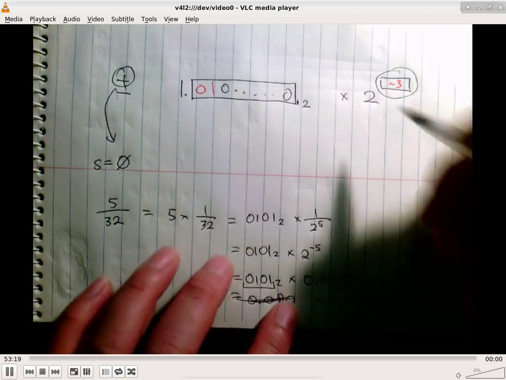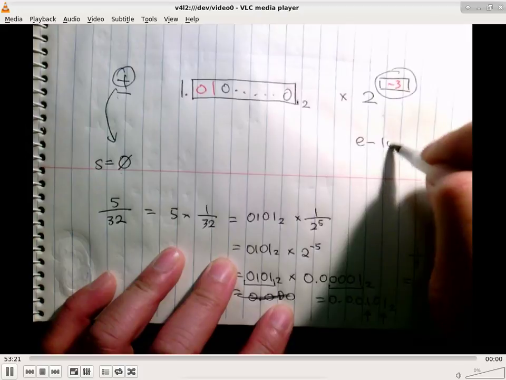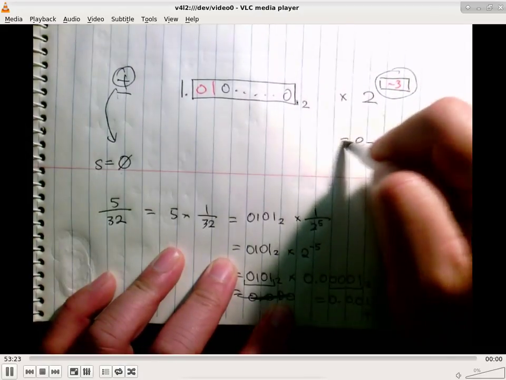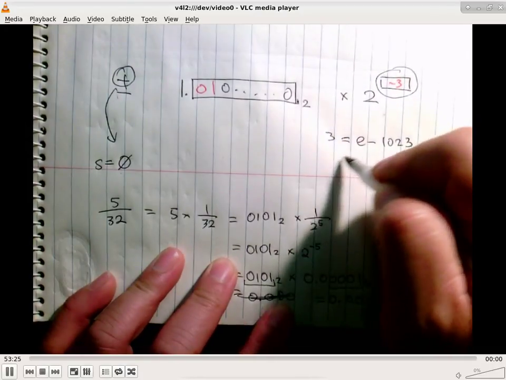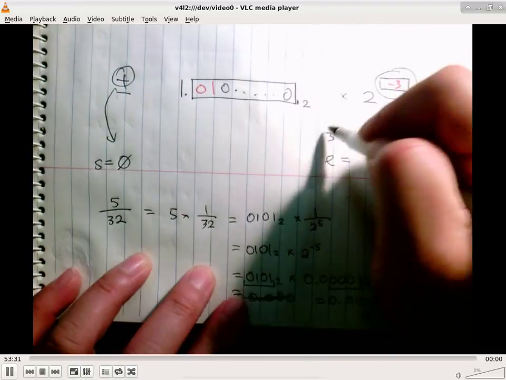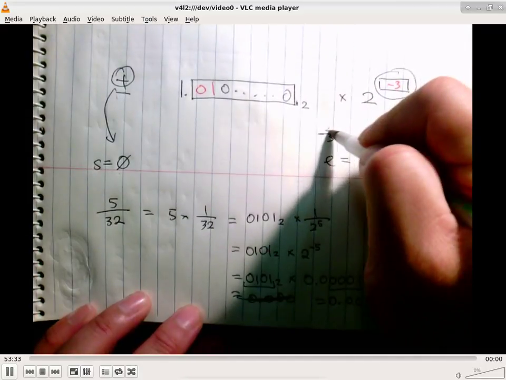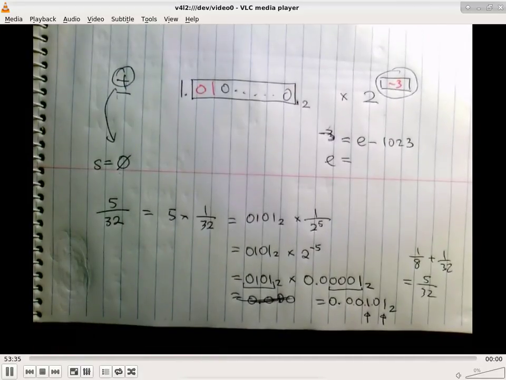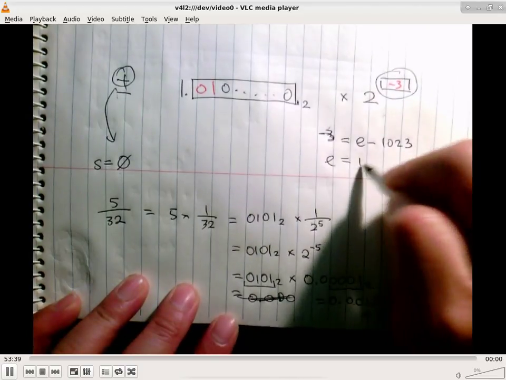So we know that e minus 1023 is -3. Now the question is, what is e? 1020, very good. So e is 1020.